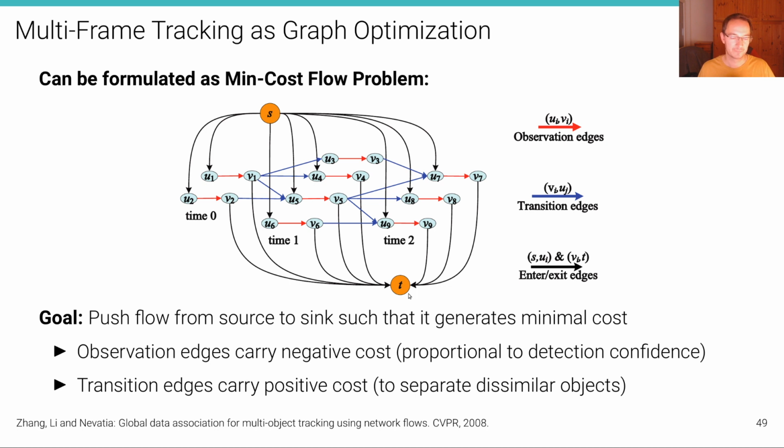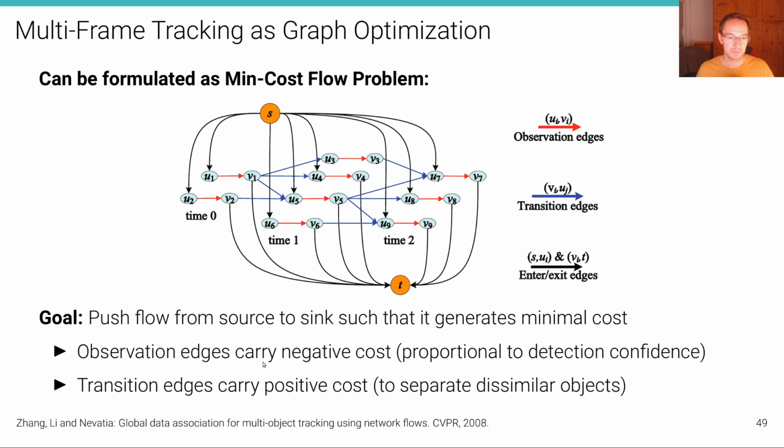And what we are then going to do is try to push so-called flow from the source to the sink such that the cost along the edges overall is minimized. And that's why it's called a min-cost flow problem.